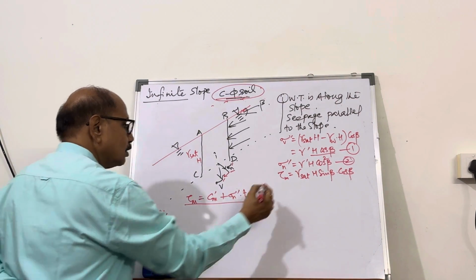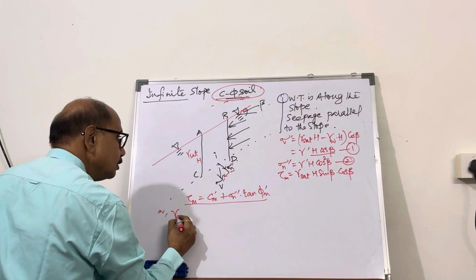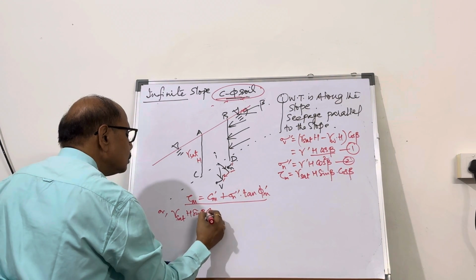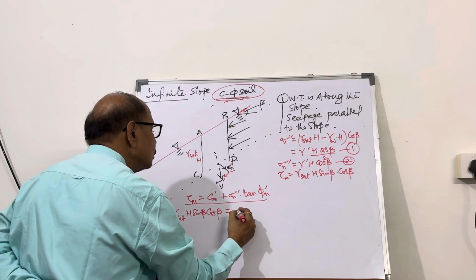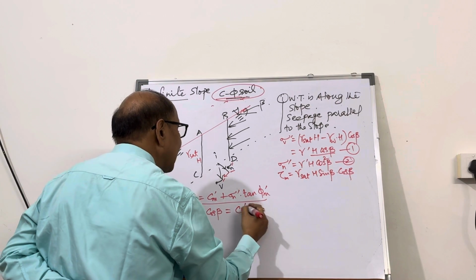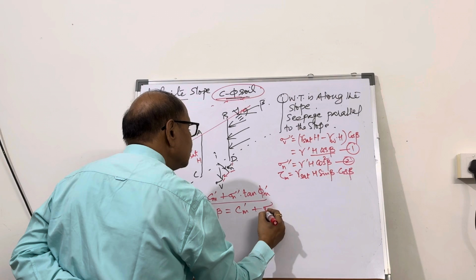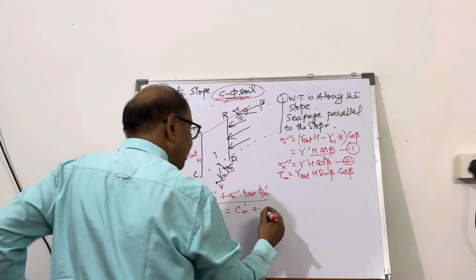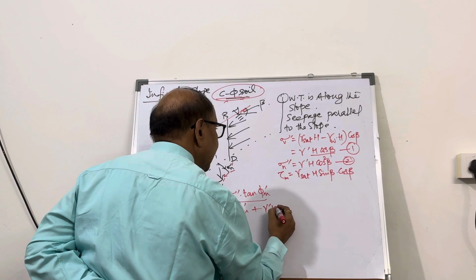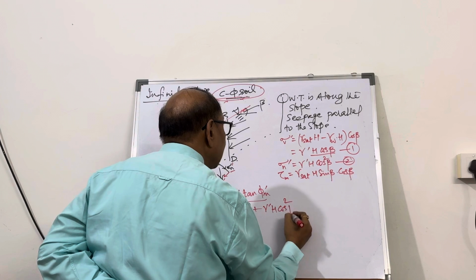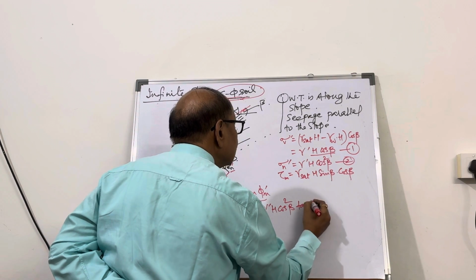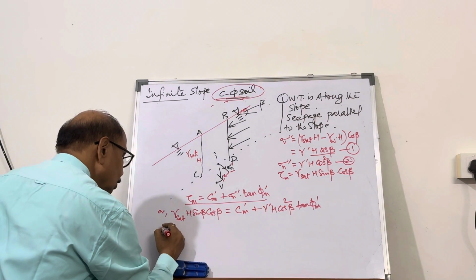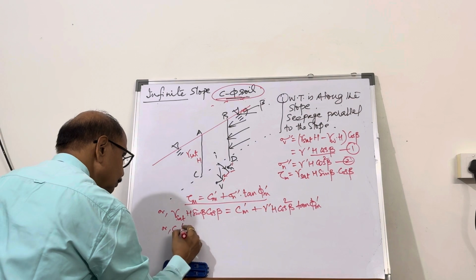Or tau m is gamma saturated h sin beta cos beta, which must be equal to Cm prime plus sigma n prime, here gamma prime h cos square beta, into tan phi m prime.